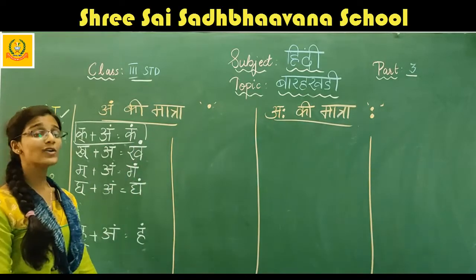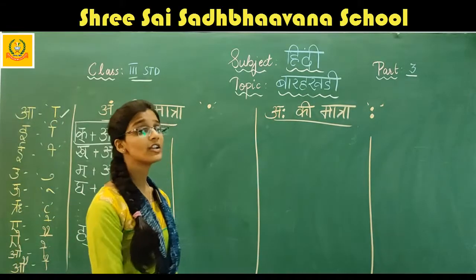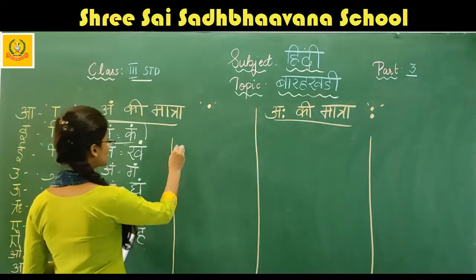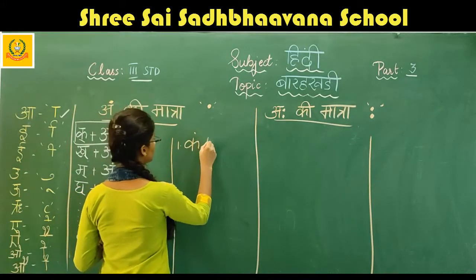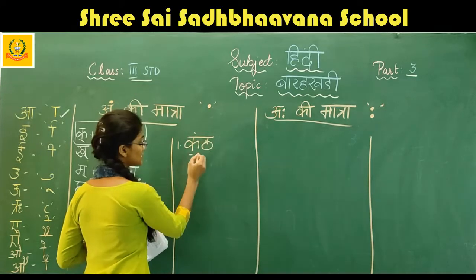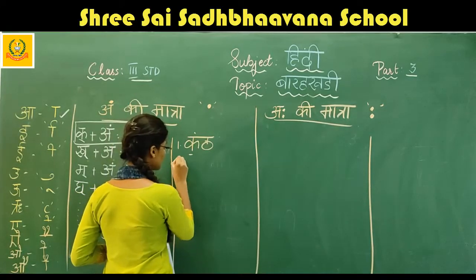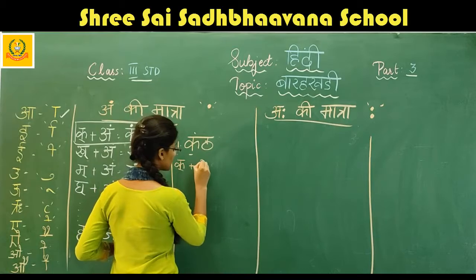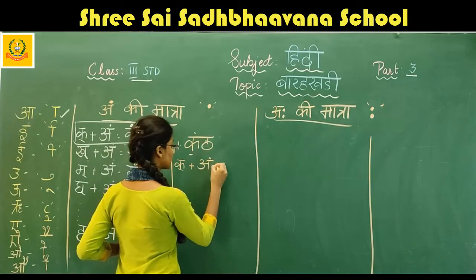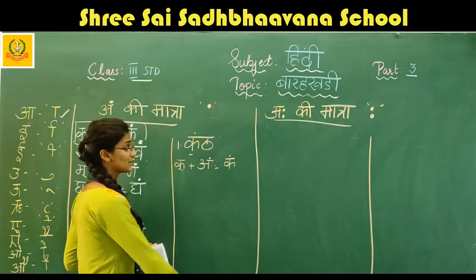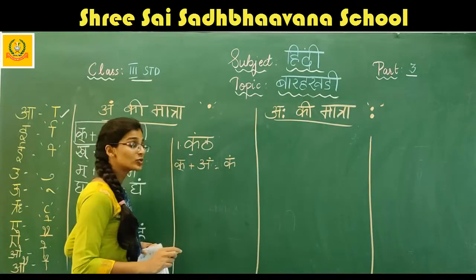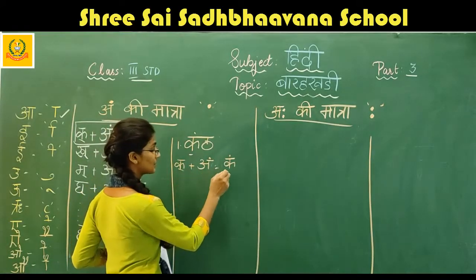So children, now let us see examples for this matra. So first one, kant. First letter is ka plus the matra gives you come. So first one I will show with expanding, okay? Next you have to do yourself. Ka plus gives you come.